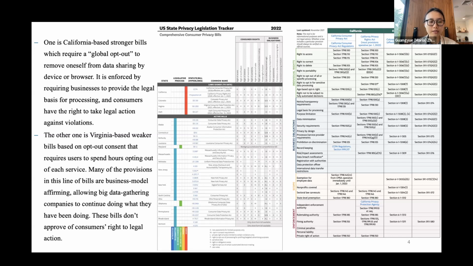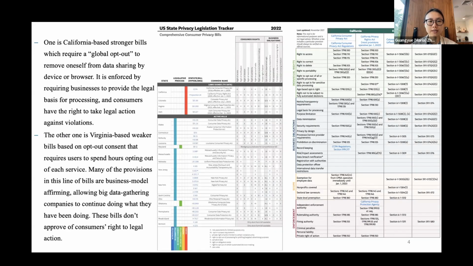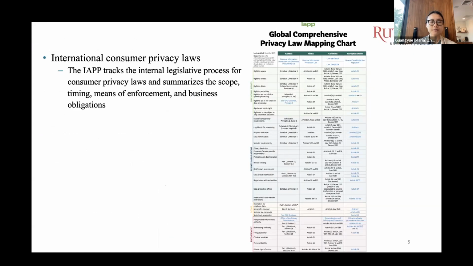Also, this line of laws doesn't approve of consumers' right to take legal actions against violations. So this is the basic introduction of the consumer privacy related regulations. Some international consumer privacy regulations are also summarized by the IAPP.